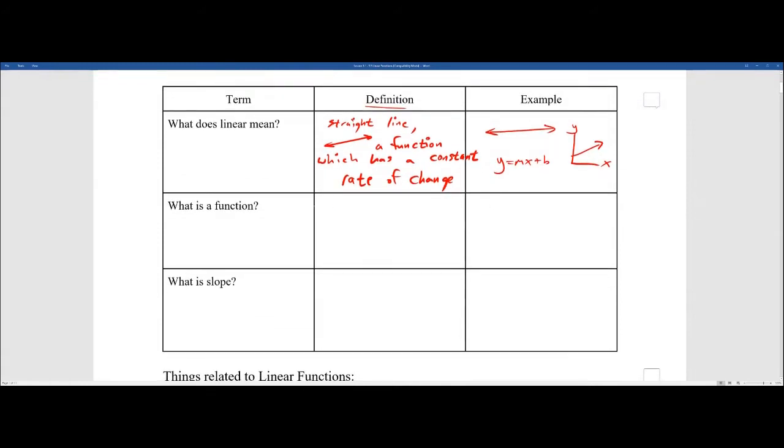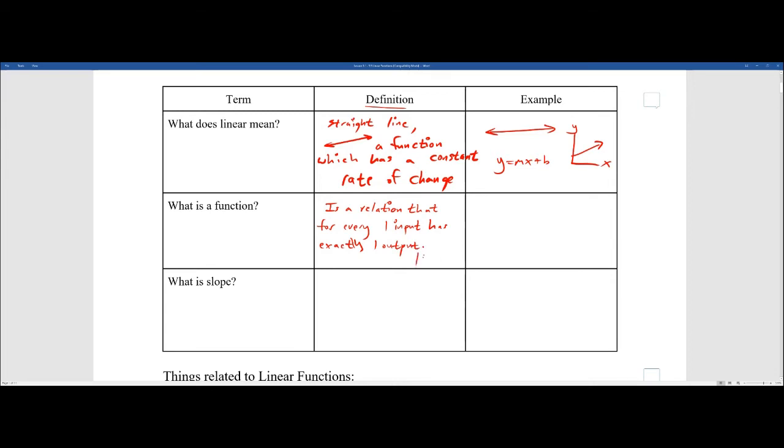All right, what is a function? Well, we had this last unit. A function is a relation that for every one input has exactly one output.